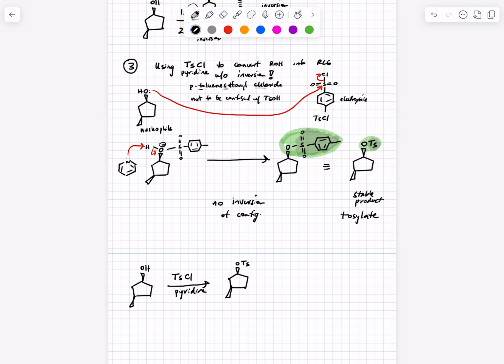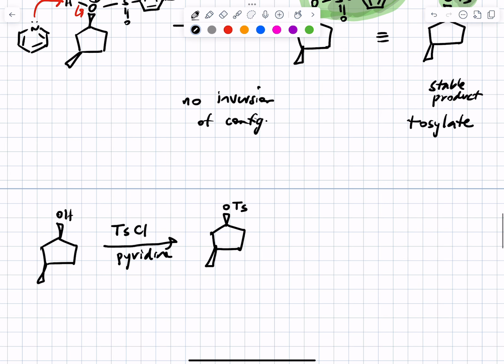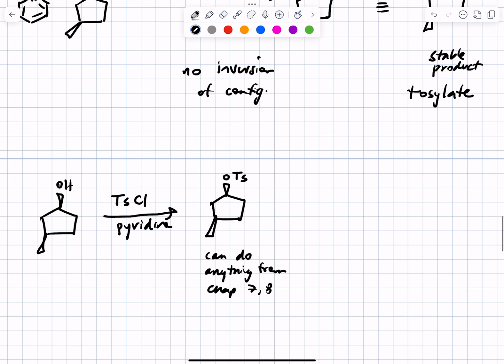So now you can go back and do what we wanted to do above, and with this tosylate, you can do anything from chapters 7 and 8. This basically reacts as though it were an alkyl halide. So you can do SN2, you can do E2 type chemistry with it.